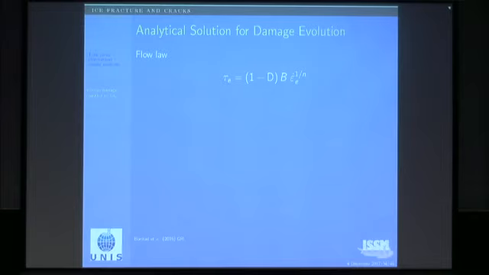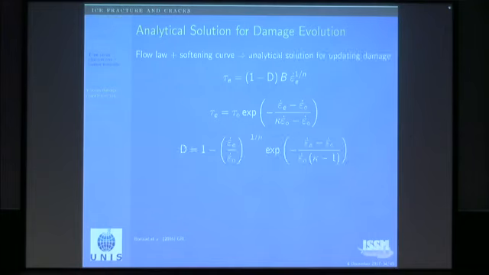So if I have this constitutive relationship generalized for damage that expresses the strain rate and the stress, and I have this softening curve that I specify the form of, then I can put the two together and analytically solve for damage at a given level of strain rate.